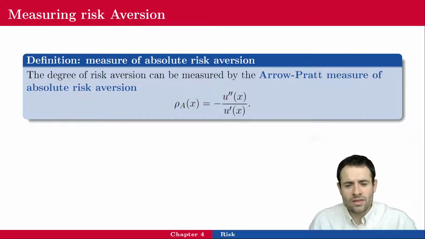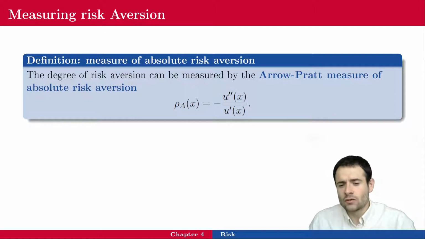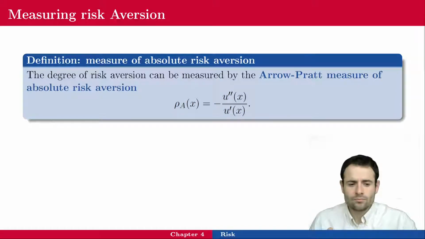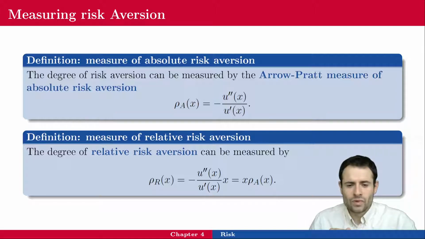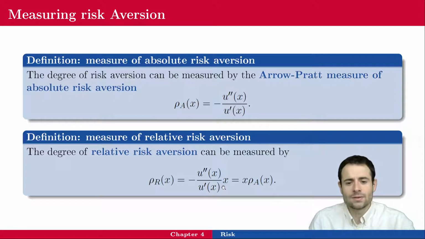This is why they came up with this measure, minus the ratio between the second derivative of the utility function over the first derivative of the utility function, which is the marginal utility. Now, since we talk about absolute risk aversion, there is also a relative risk aversion coefficient. This one is very similar to the absolute risk aversion, except that it is multiplied here by x, x being whatever money we are looking at.